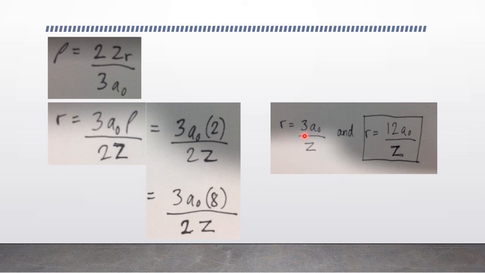So r is equal to 3 alpha sub 0 over Z, and r is equal to 12 alpha sub 0 over Z. Now P of r is larger at 12 Bohr radii than at 3 Bohr radii. So the most probable position of finding the electron of a 3p orbital is at the radius equal to 12 alpha sub 0 over Z.